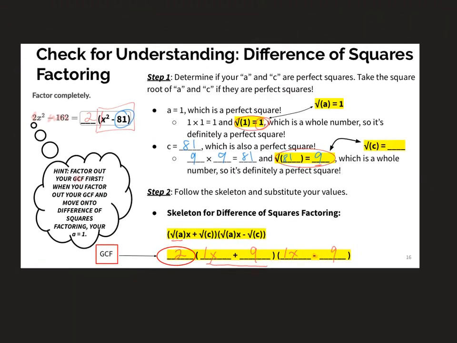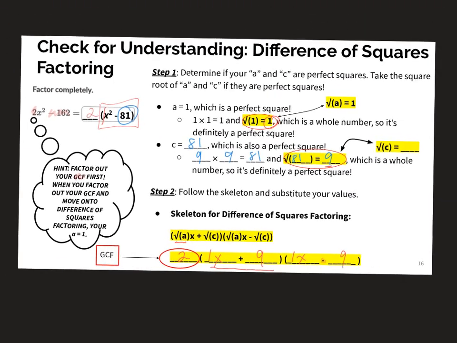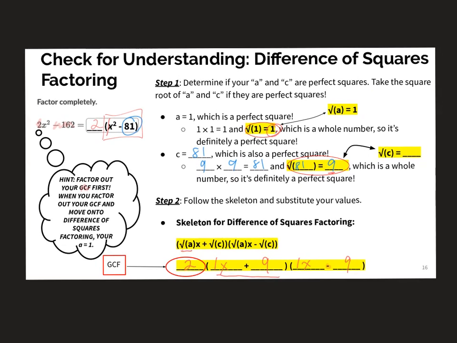Okay? If you're struggling with this, right, check to see what skills are really a little bit troubling for you, right? So if it's actually determining what a perfect square is, then make sure that you're figuring that out. If it's the GCF factoring, then go back to example 1 to help out with that, right? But you want to just make sure that you're covering and being specific about the skills that you really need to work on, right?